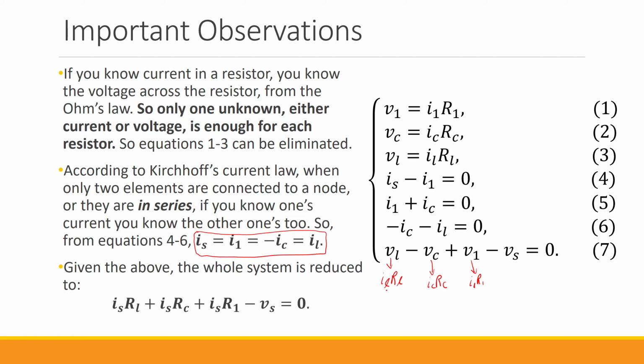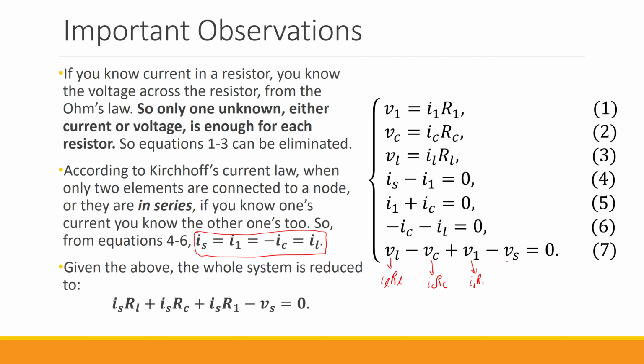So here IL multiplied by RL becomes Is multiplied by RL. Why? Because Is and IL are exactly the same. For IC, we know that IC equals negative Is. We just replace this with negative Is and we write this term. We do the same for V1 as well. I1 equals Is, so V1 would be equal to Is multiplied by R1.